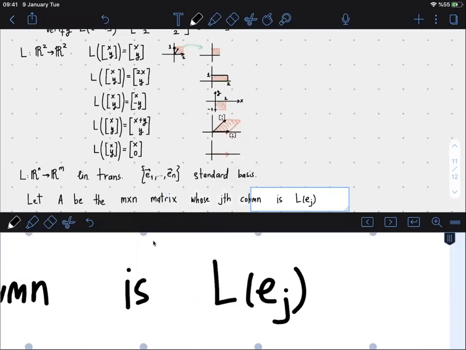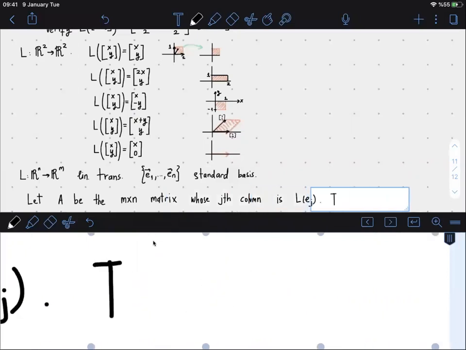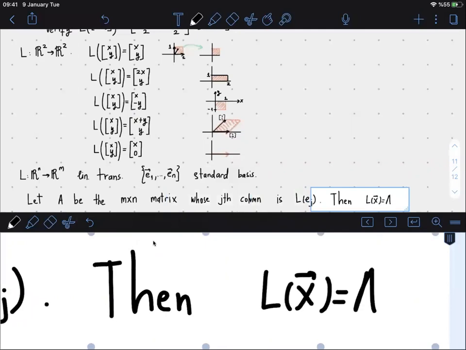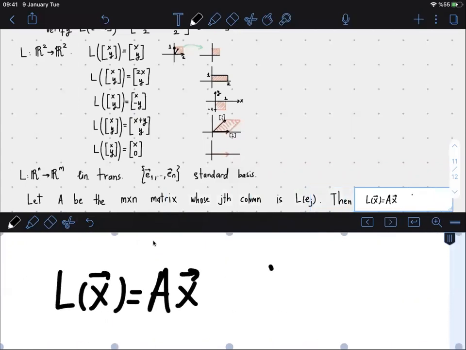Then we have that L of X is the same as AX for every X in Rn.